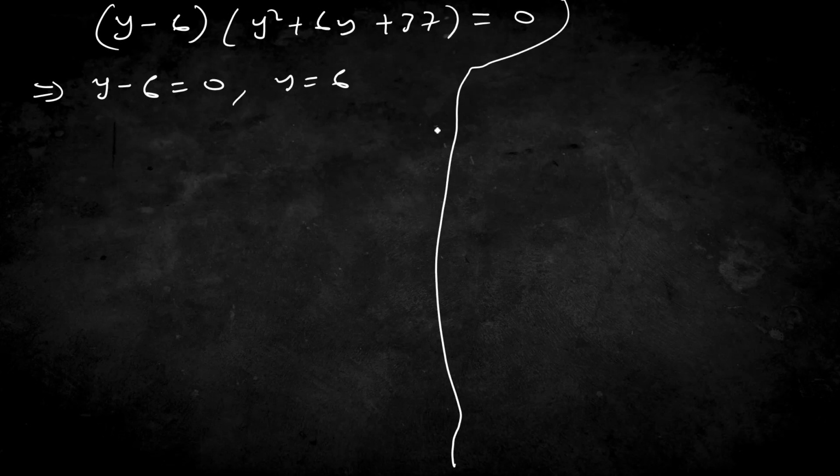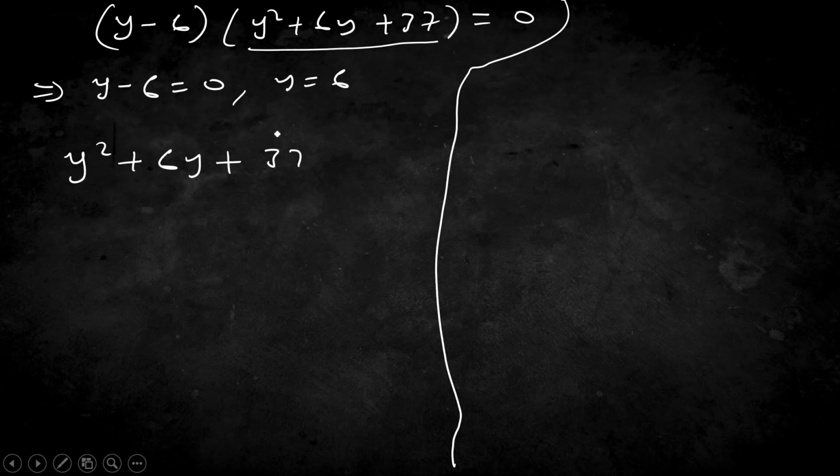Okay, so let's look for the second. The second equation, y squared plus 6y plus 37 equals 0. All right, so let's solve this one using the quadratic formula.